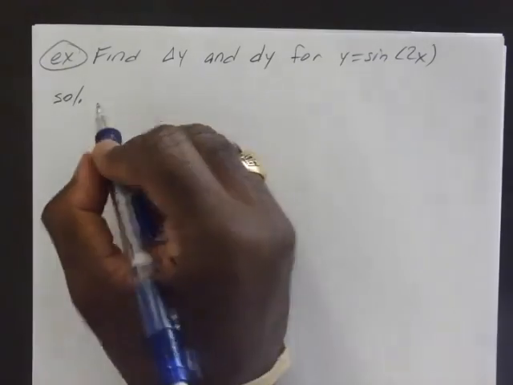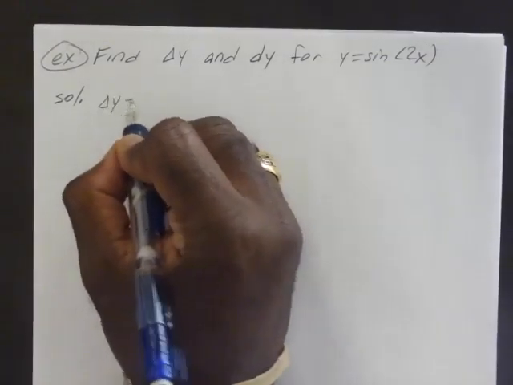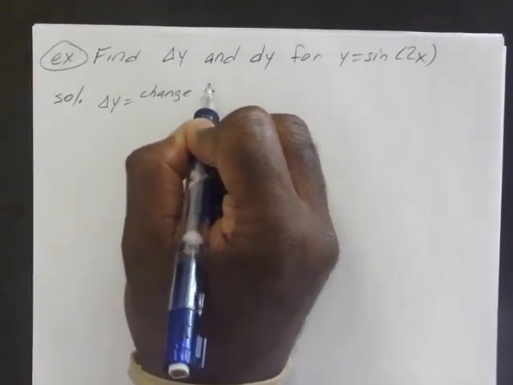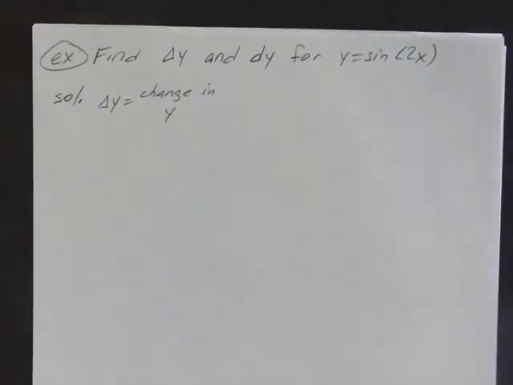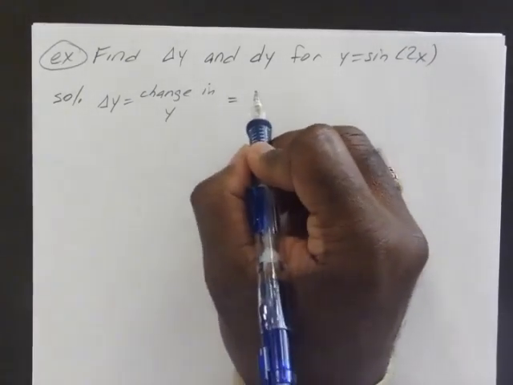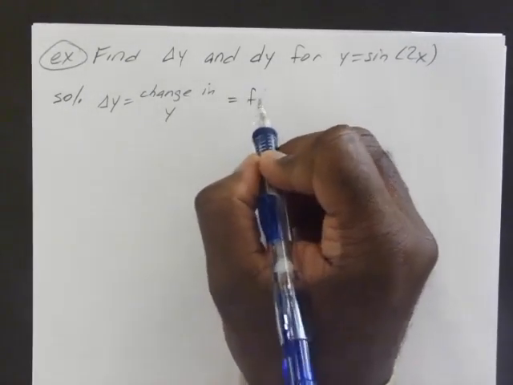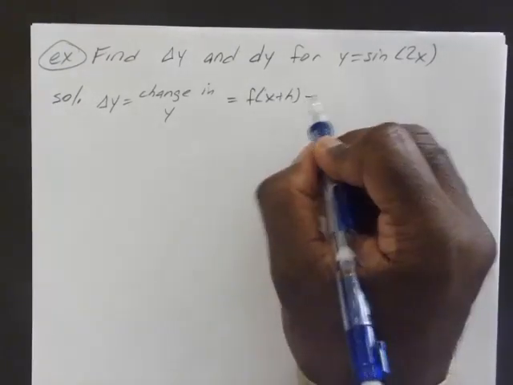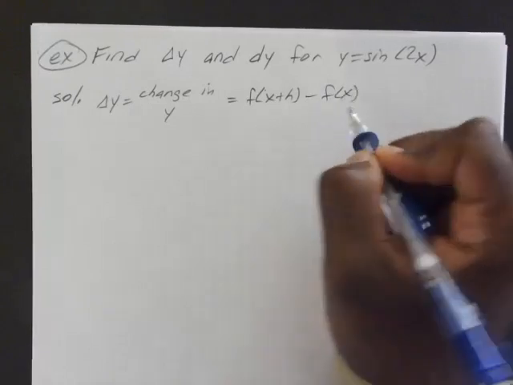Remember, your delta y is just your change in y, which you can write as f of b minus f of a, or f of x plus h minus f of x.